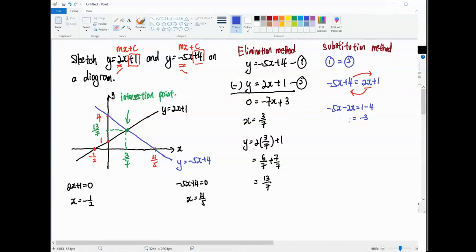Let me add that. So negative 7x. So I got x equal to 3/7, exactly the same as what you got from the elimination method. So after you have got the x, you can substitute your x into either equation 1 or equation 2 to get y. So you will get 13/7 as well.